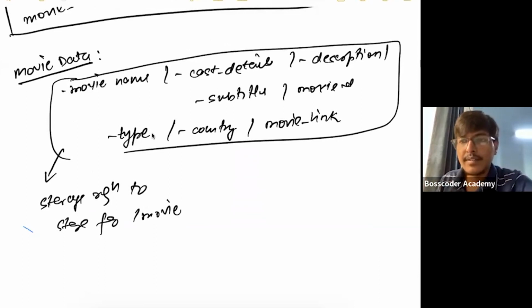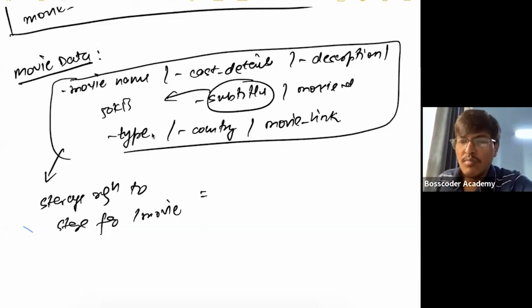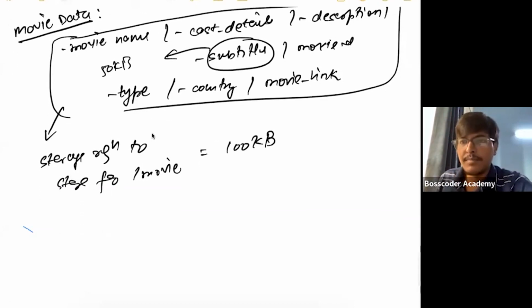So I think around a few KB we can say. Subtitles will be big, around 50 to 100 KB. So we can say around 100 KB or 200 KB. Whatever you think of, I am just taking 100 KB. You can take 200 KB as well.